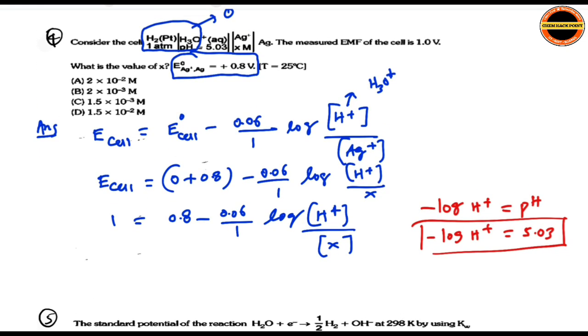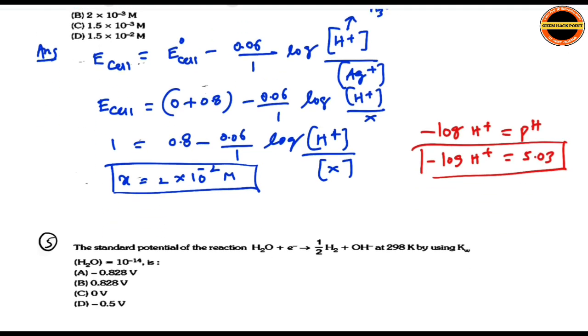So if we substitute everything, here X we should get as 2.10 power minus 2 molar. Here the answer should be option A. If you substitute all values, you can calculate the X value.